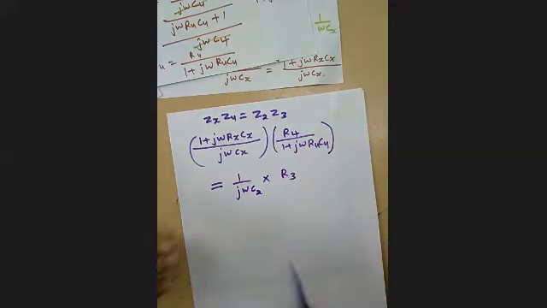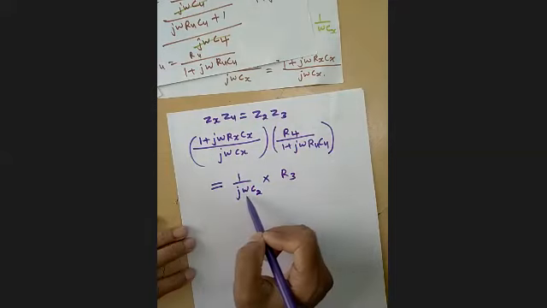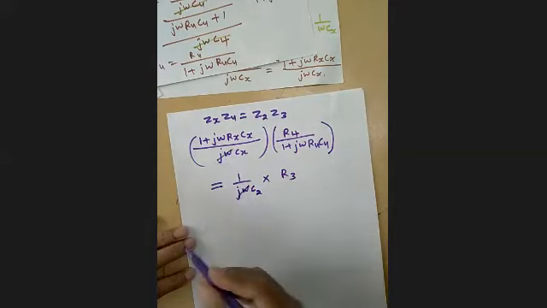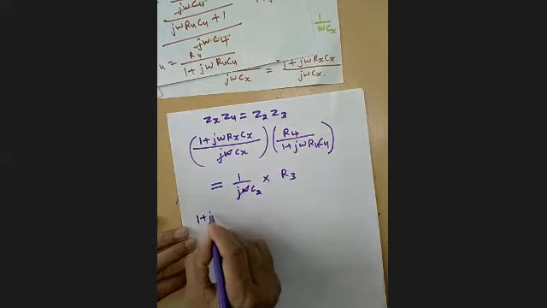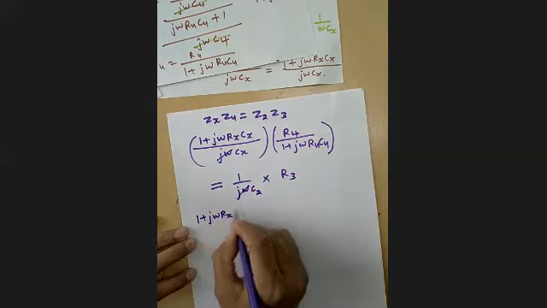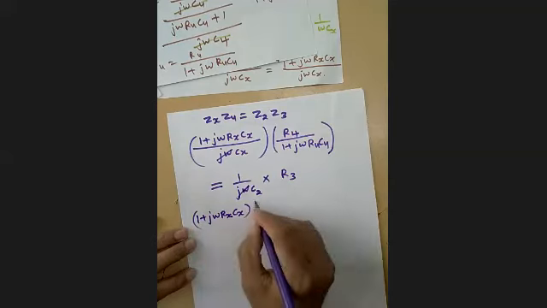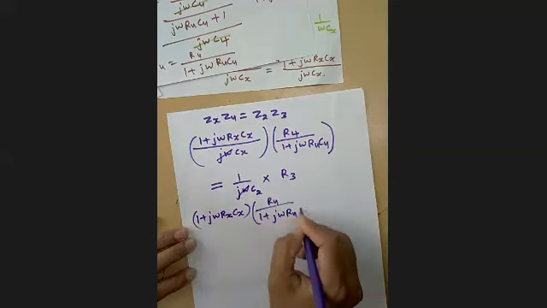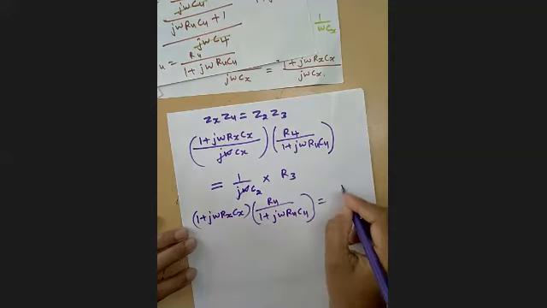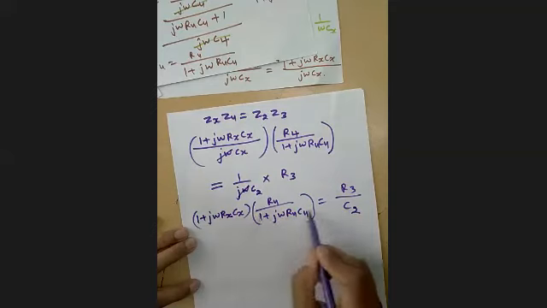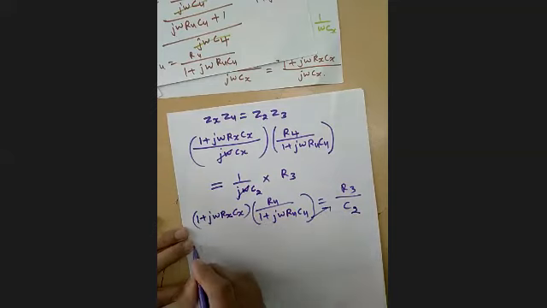Now see, this term is in the denominator, this term is also in the denominator. So I can cut this term. So I'm writing here 1 plus j omega Rx Cx multiplied by R4 upon 1 plus j omega R4 C4 equal to R3 upon C2. Now take this denominator term towards the right hand side.